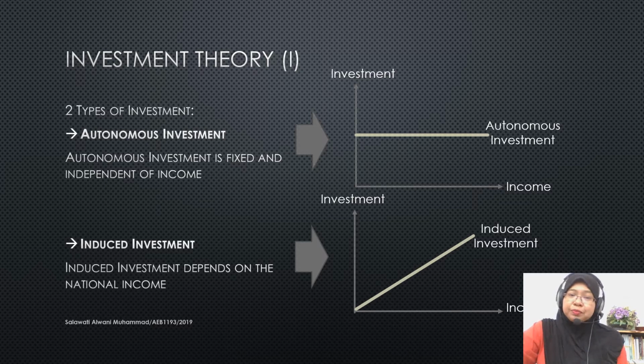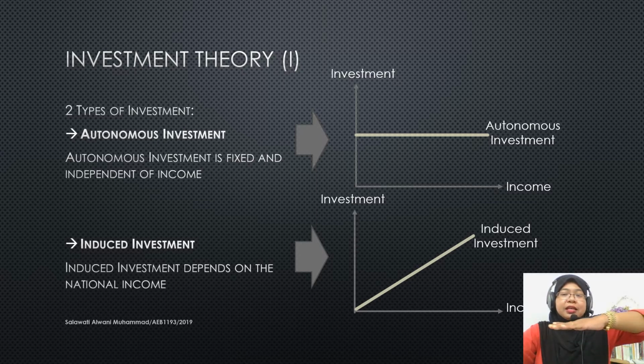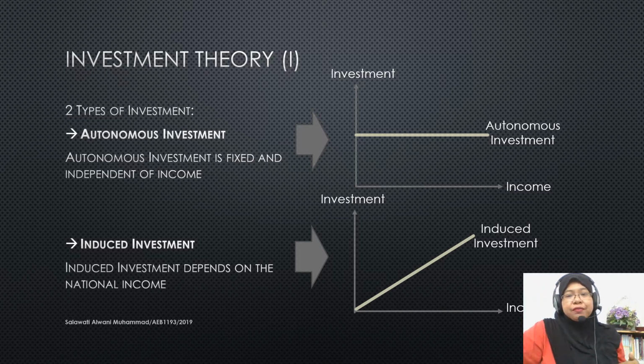Now we go to investment theory. We have two types of investment. It is autonomous investment and also induced investment. Autonomous investment is fixed and independent of income. So we have a perfectly elastic curve for autonomous investment, meaning for every amount of income, the amount of investment is fixed.